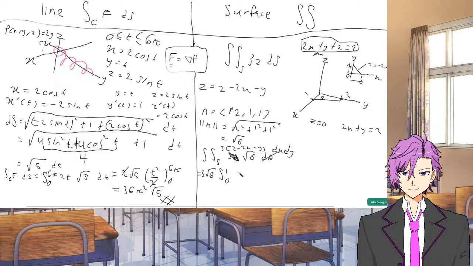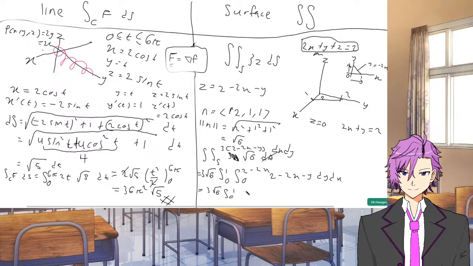So 1 will have to be outside, so 0 to 2 minus 2x. So this would be 2 minus 2x minus y dy dx, 3 square root 6, from 0 to 1.